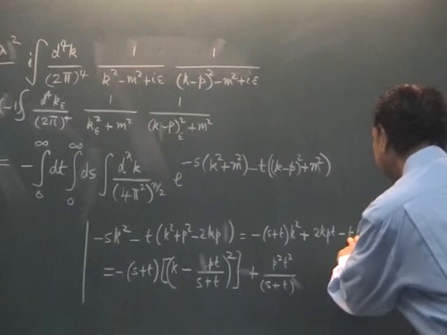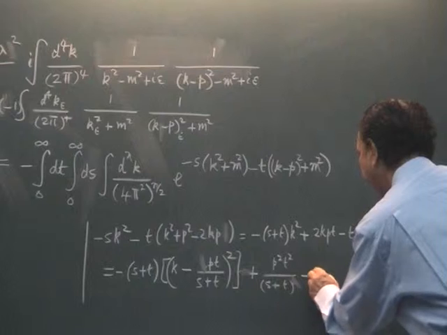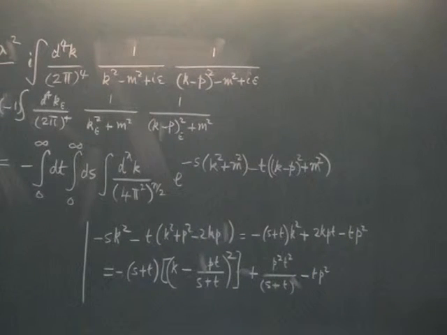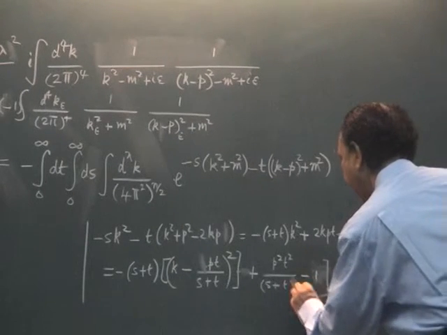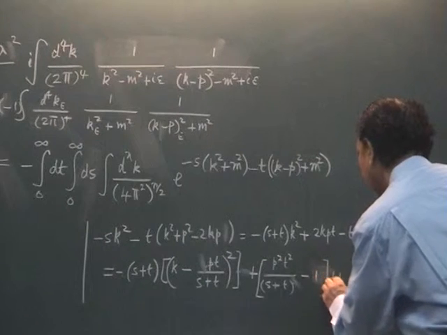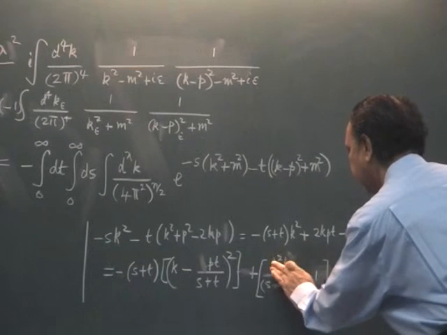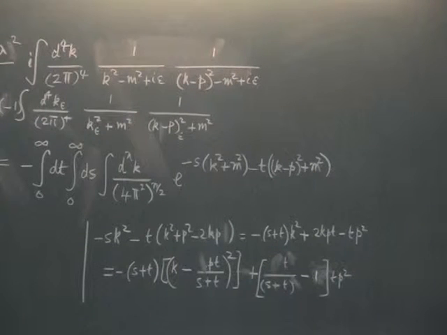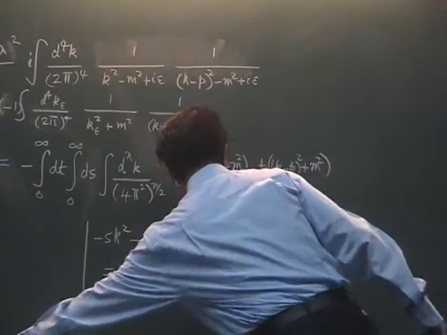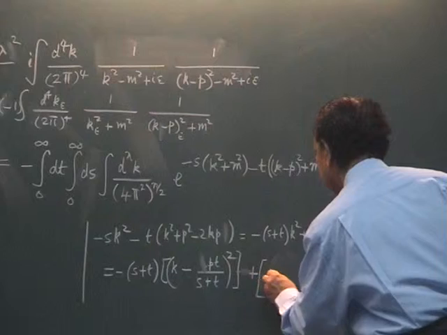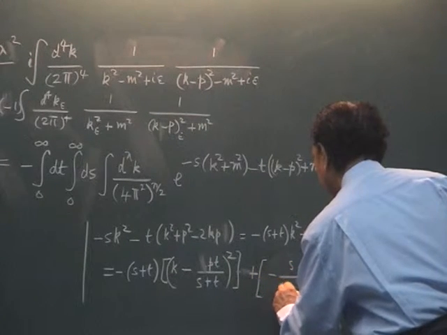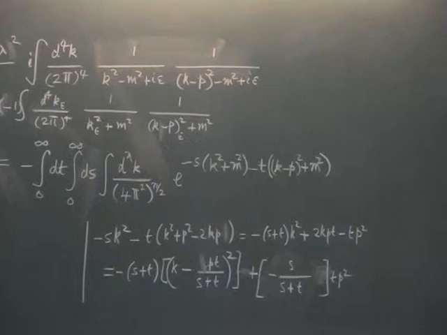So then I have a minus t p square here. Take the minus t p square outside. So this nicely subtracts out. One t will go away and you will have an s with a minus sign. Okay, this is what we have.